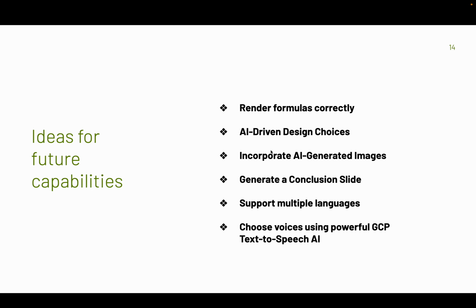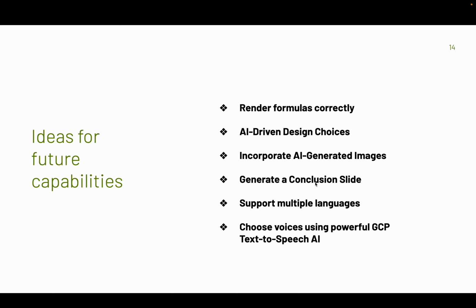Then we will use Gemini to make design choices. We will make AI generated images, generate a conclusion slide, make it multilingual, and choose a powerful GCP text-to-speech AI so that we can choose voices. And then maybe we can add some servers so that it goes faster.